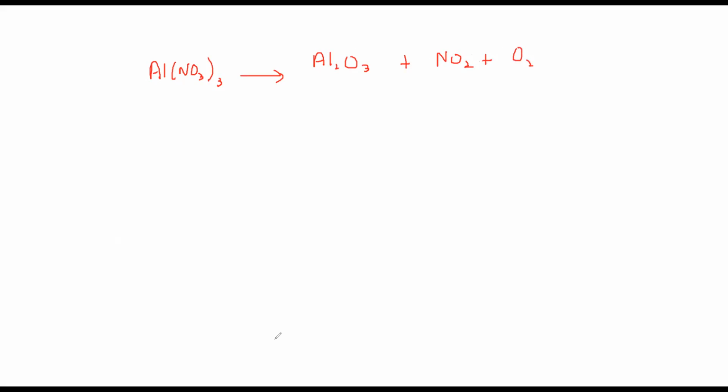What will be the balanced equation for thermal decomposition of aluminum nitrate? It forms metal oxide plus nitrogen dioxide plus oxygen.